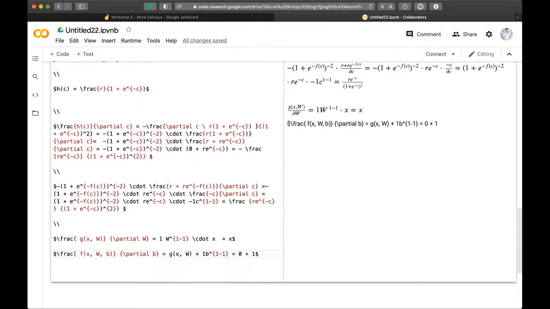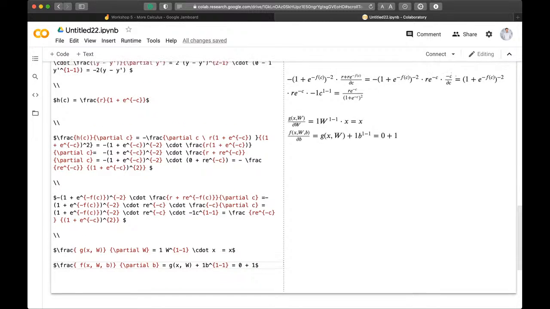That's why you can write it like that, and the output is 1. So we have those two ready: one is x, another is 1. Very simple.